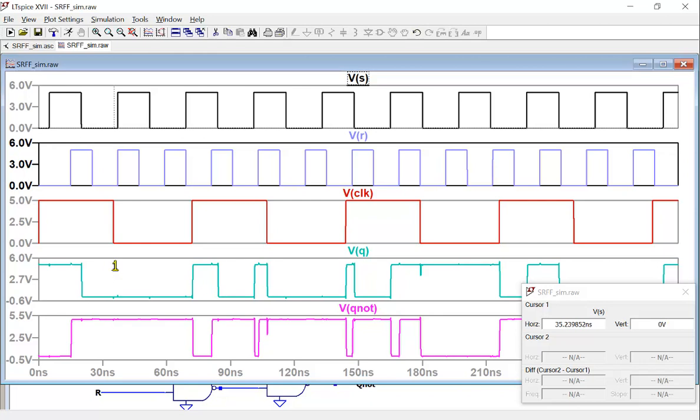Here it's not changing, right? No matter how R and S change themselves. Here, look at here. Does it change? When clock becomes 0, Q changes.